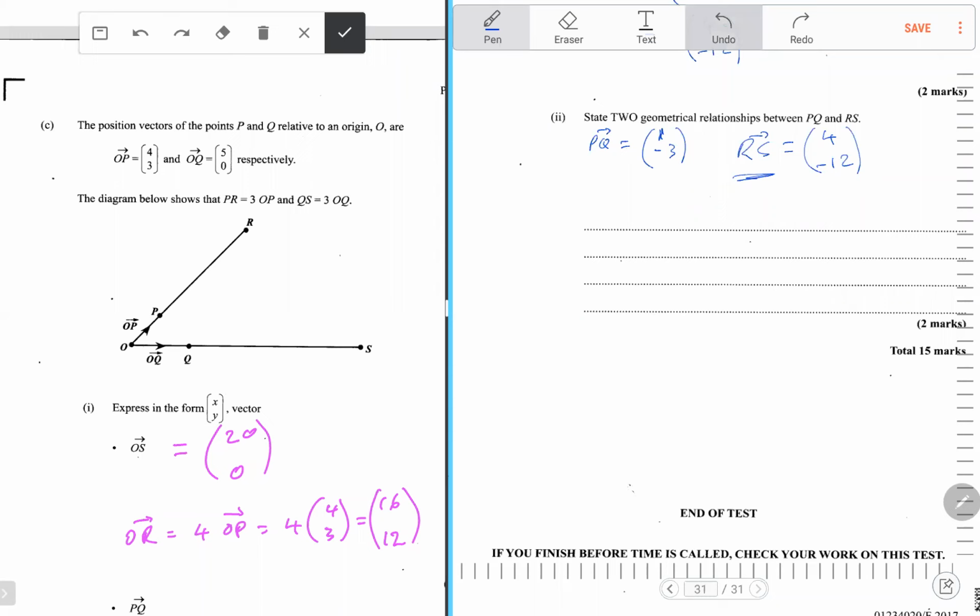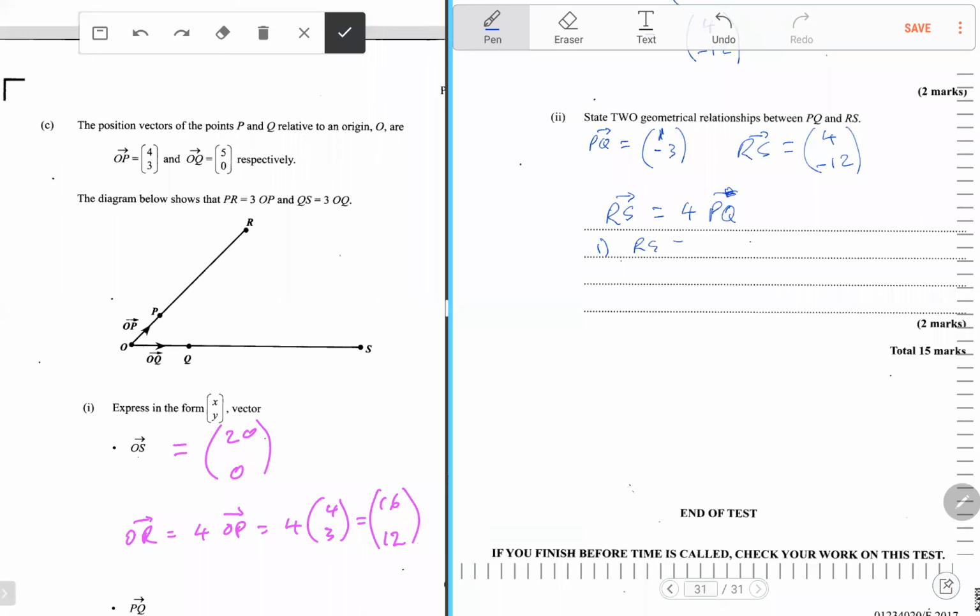So we can write that RS is 4 times PQ. RS is the bigger one. It is equal to 4 times PQ. This means that they are parallel. So two geometry relations: one relationship is that they're parallel.